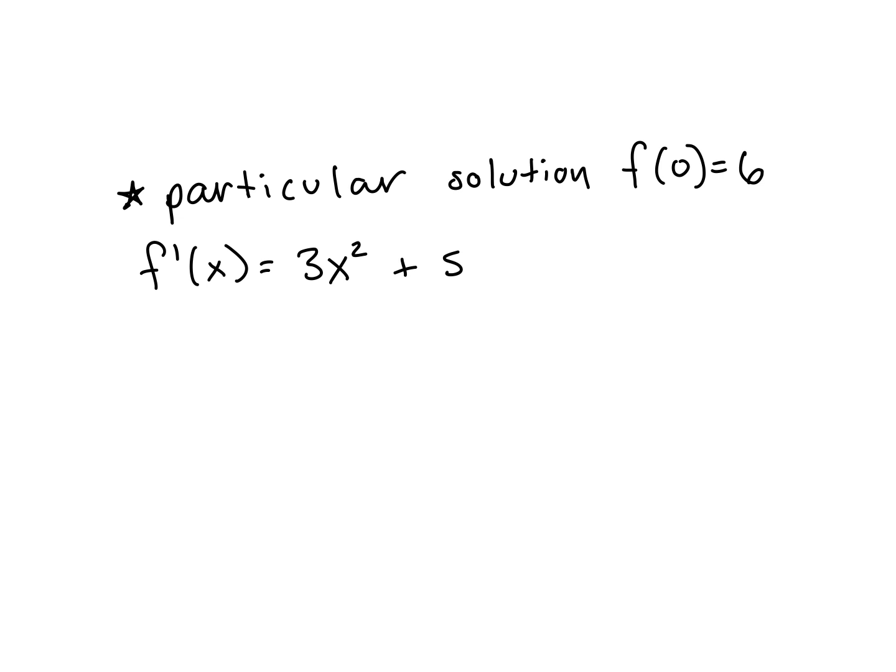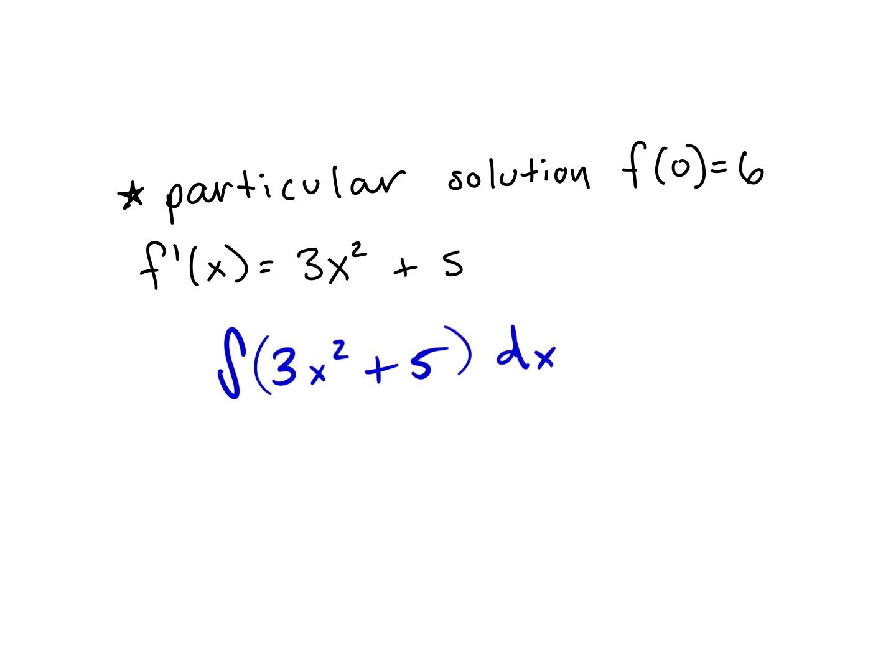The next one says find the particular solution for f of 0 equals 6, and it gives us the derivative. So if it gives us the derivative, we want to find our original function. So I need to find the antiderivative, or the integral of 3x squared plus 5.